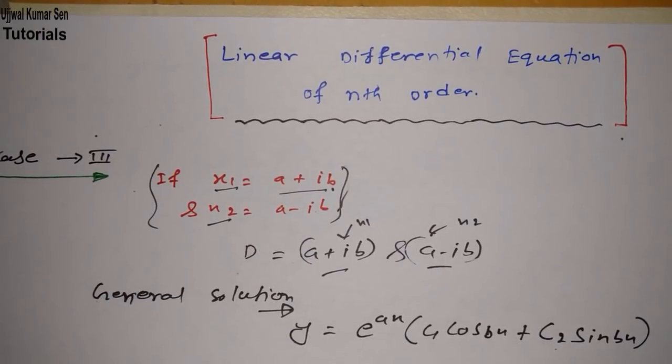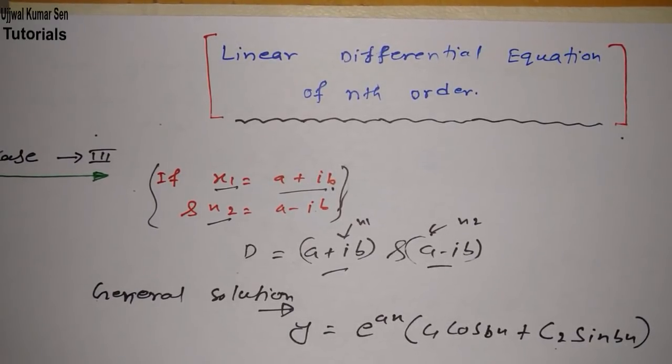Therefore the general solution for this case is e to the power ax bracket open c1 cos bx plus c2 sin bx. This is all about the nth order linear differential equation in case of imaginary roots, but the roots are not equal.